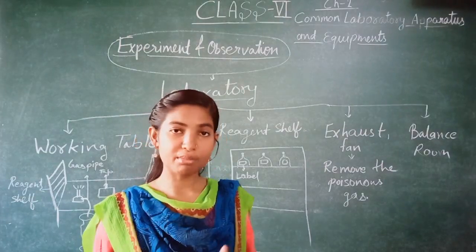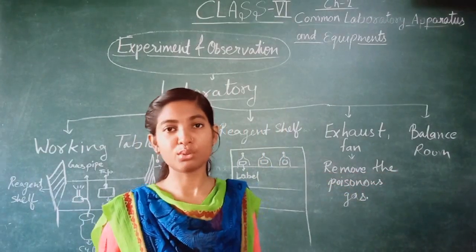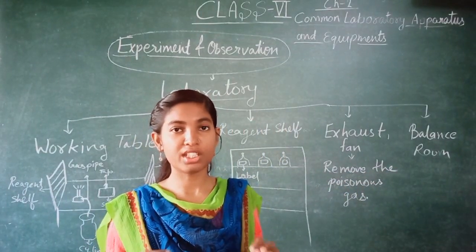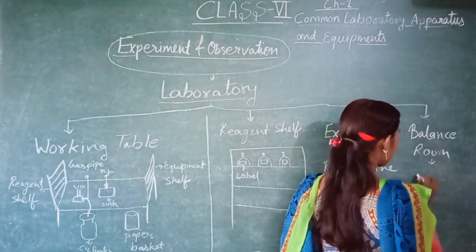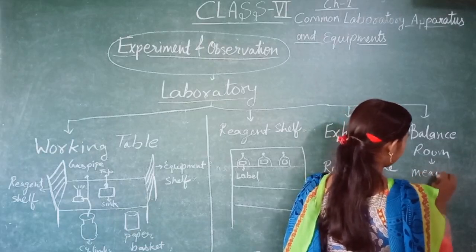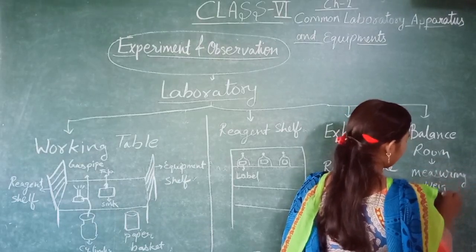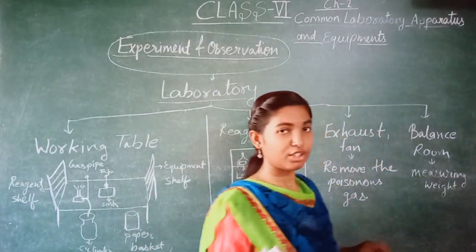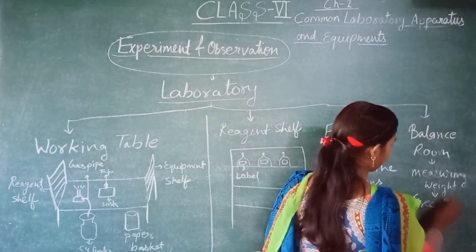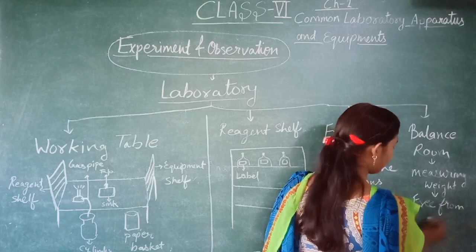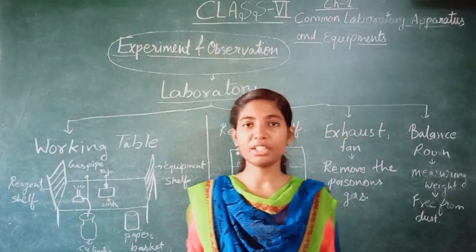So all these weight measurement equipments are kept in the balance room, and this balance room is free from dust, so that you can measure the correct weight. We are measuring weight either chemically or physically, and it is free from dust, so that our measurement is correct.